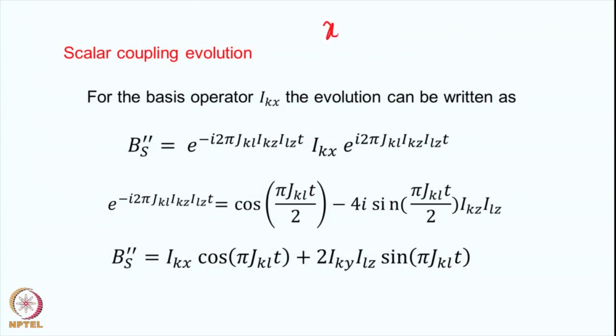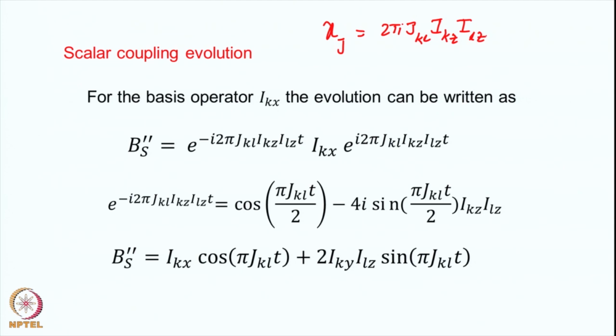Today we will discuss the evolution of that same operator IKX under the influence of the scalar coupling Hamiltonian. To remind you what the scalar coupling Hamiltonian is, let me write here: the scalar coupling Hamiltonian is written as Hj is equal to 2 pi jkl, where jkl is the coupling constant between two spins k and l, and we have the operators ikz, ilz.